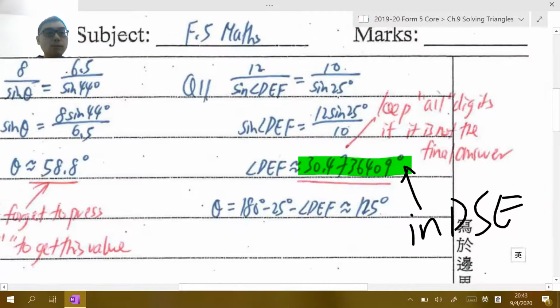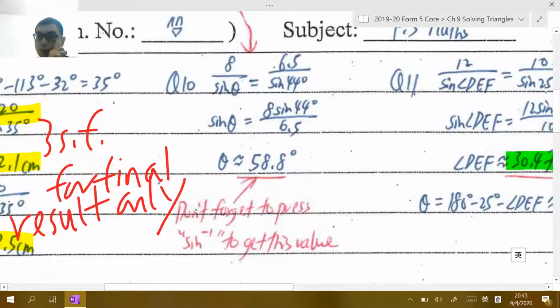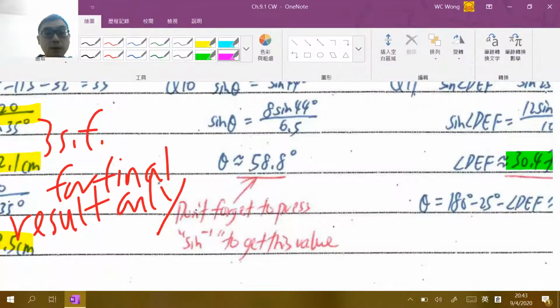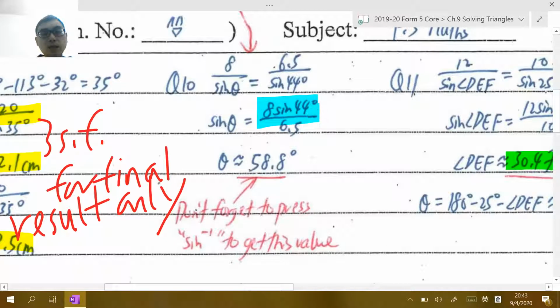And now I would like you to get back to question 10. Remember that for doing question 10, you can see here, I would not simplify this one. It is because we want to make everything as accurate as possible.